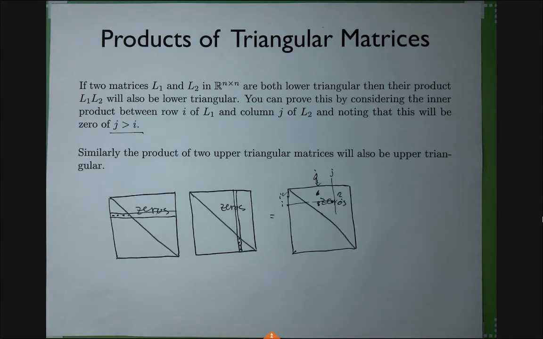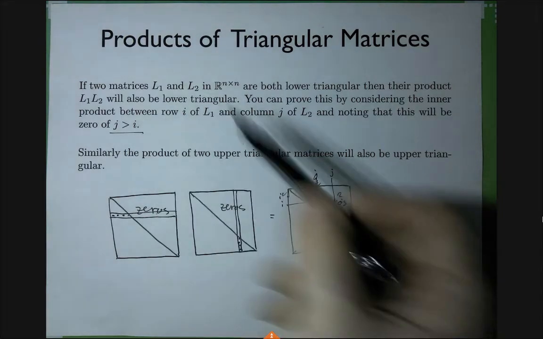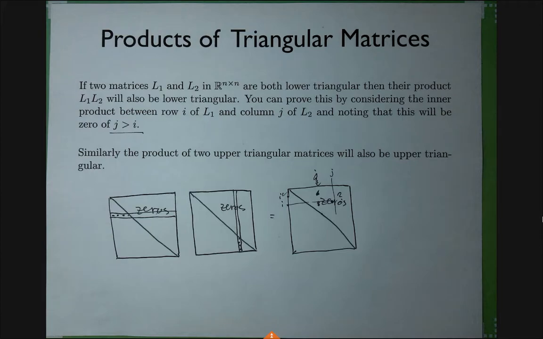Everybody got it? My graphical proof. If you wanted, you could write a formal-ish proof, but I think this is much more obvious. So it's basically obvious. If you multiply two lower triangular matrices, two L matrices, you will get an L matrix too. The same property, of course, holds for upper triangular matrices. You could prove it in exactly the analogous way, and when we talk about transposition, that will immediately follow from it.